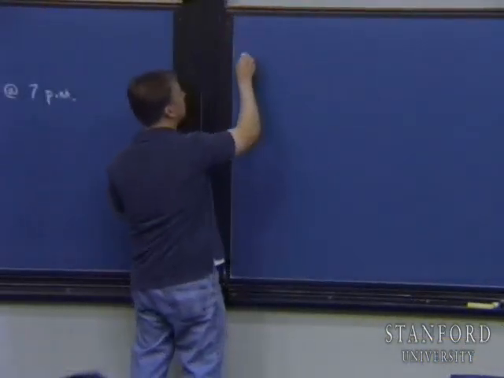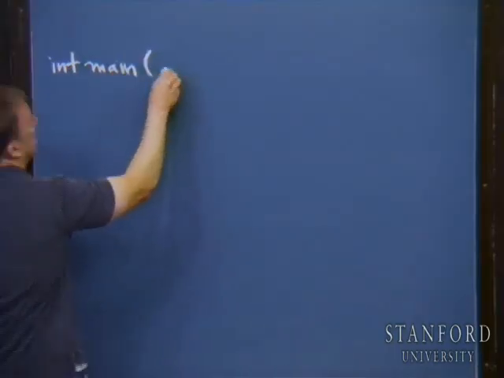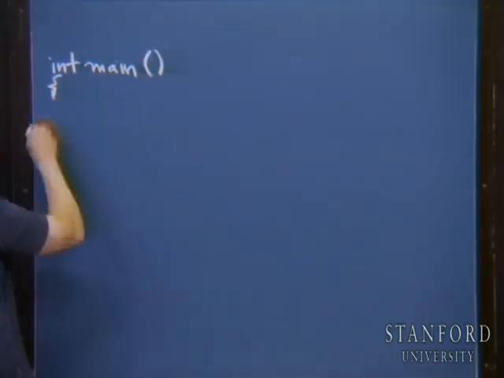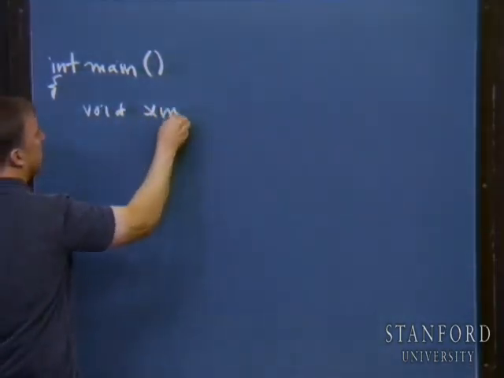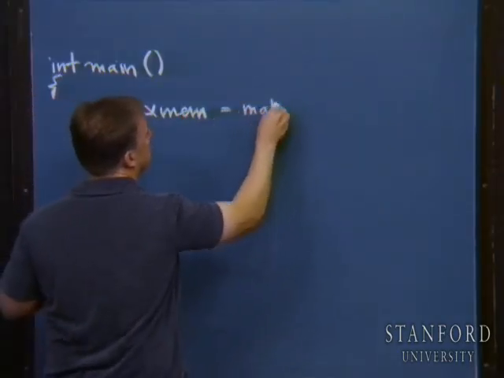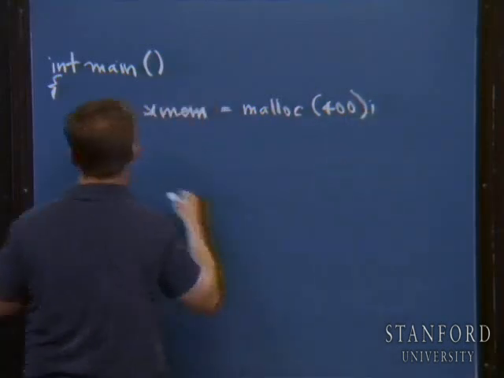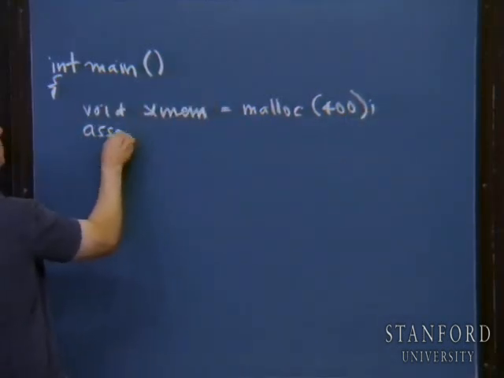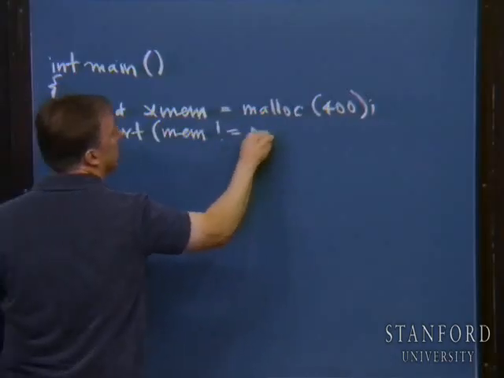int main. I really don't care about those arguments, but I do care about this. void star memory, I'll just write mem this time, is equal to malloc of 400. I want to assert in the style that we're used to, mem is not equal to null.